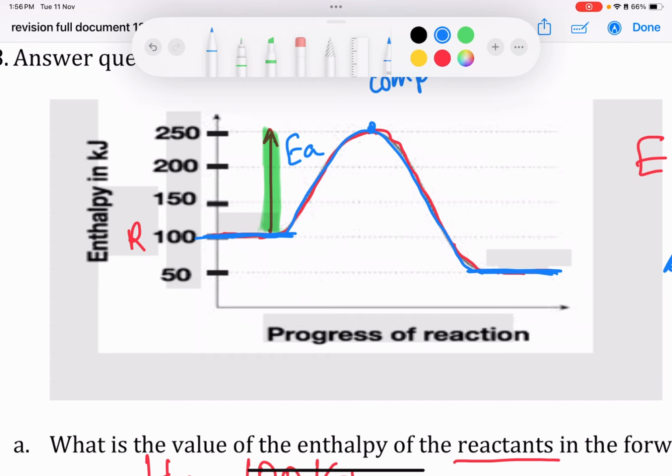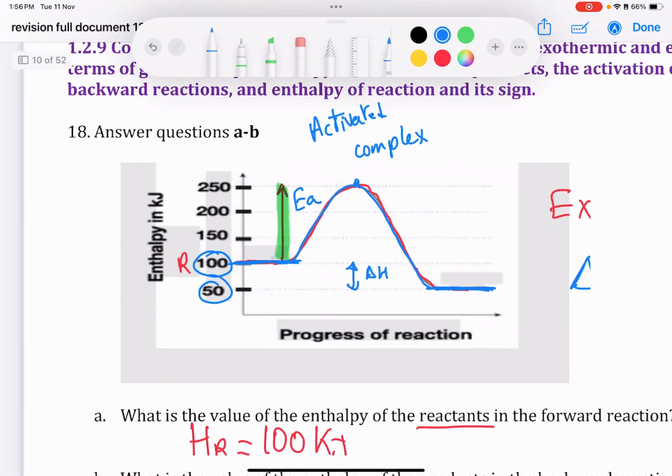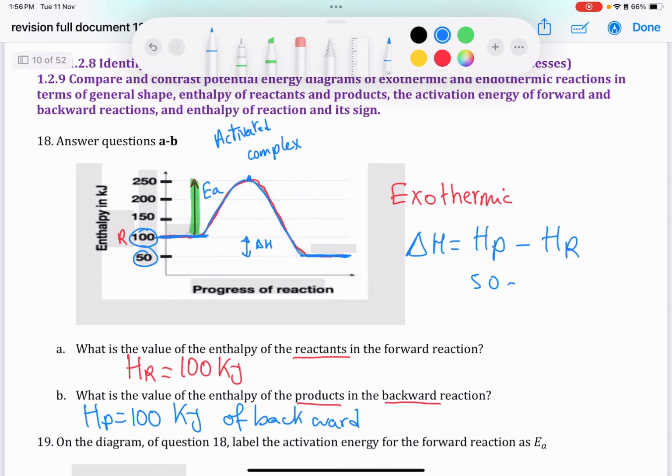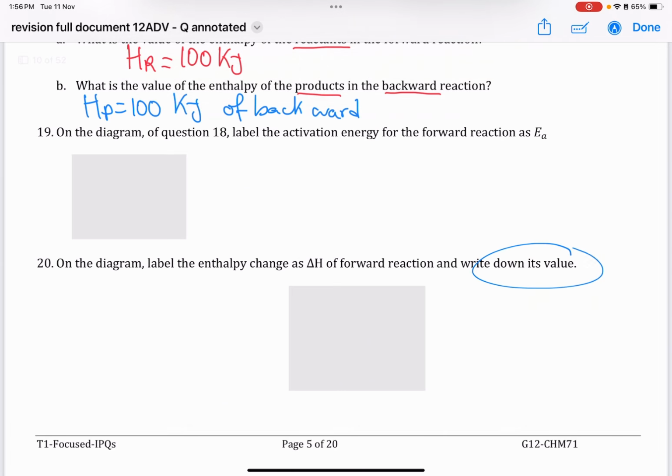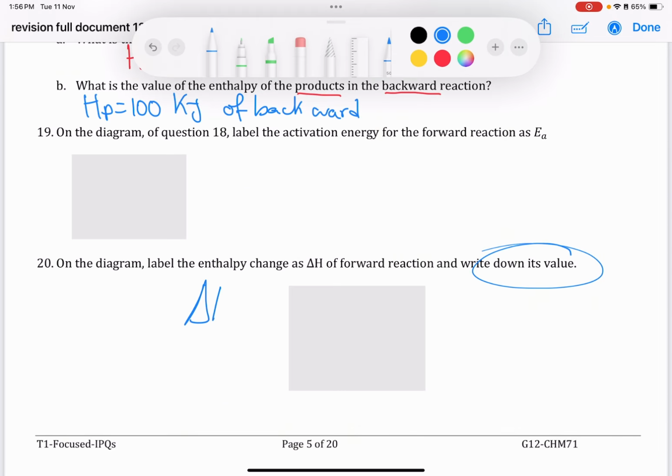So it's 50 minus 100. So that is delta H, only this value. And when I do 50 minus 100, I'm going to get a negative value. Here they asked me to draw it and write its value. So the enthalpy of this reaction is negative 50 kilojoules.